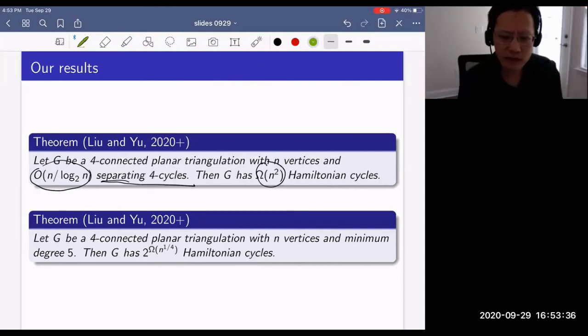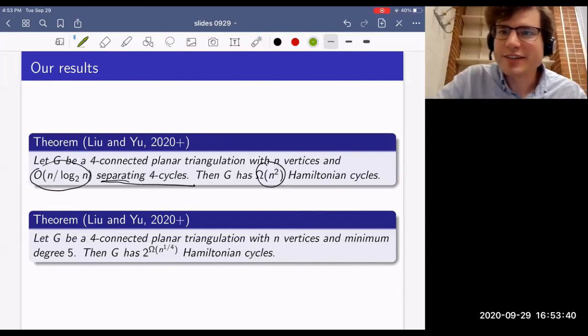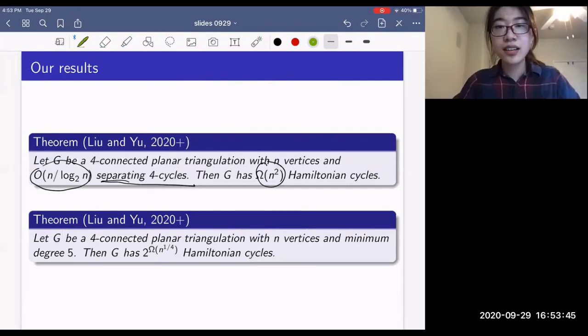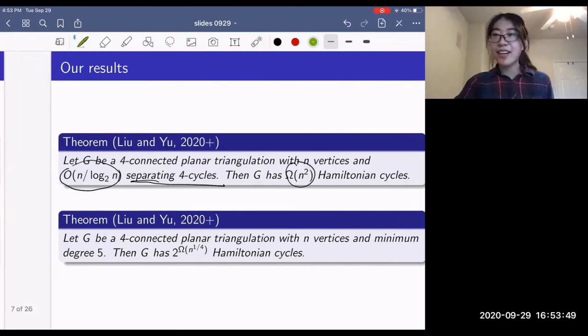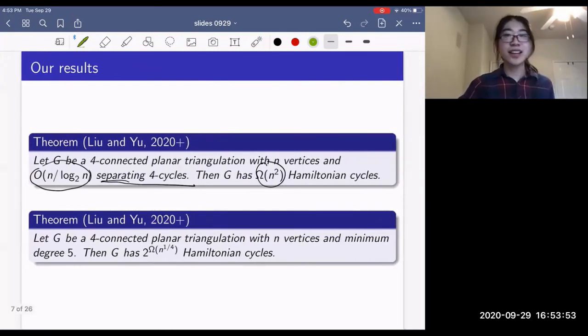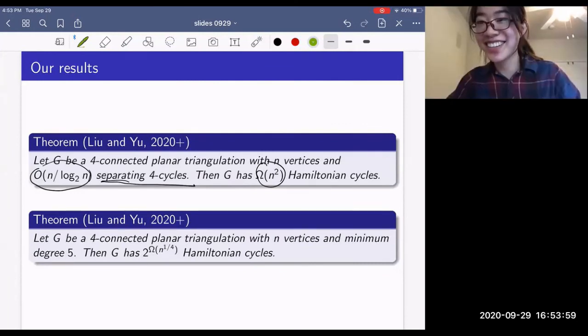There's a question from Zishia in the chat. What about internally 4-connected planar graphs? Professor, do you have any idea about this question?